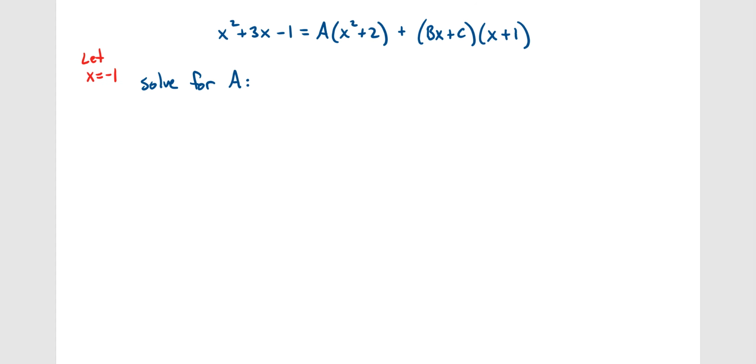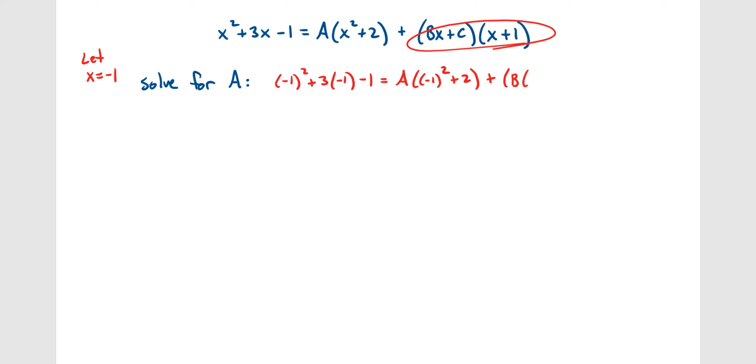So it's going to be (-1) squared plus 3 times -1 minus 1 equals a times ((-1) squared plus 2) plus, so you could recognize that this whole term is going to cancel over here because it's going to be -1 plus 1, but let's just write it out for practice. So -1 plus 1.